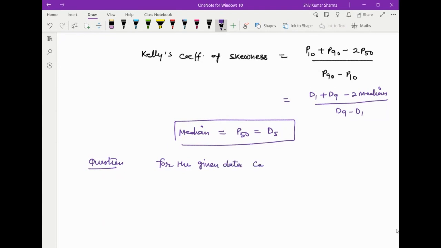For the given data, calculate Kelly's coefficient of skewness. You can use any of our formulas.